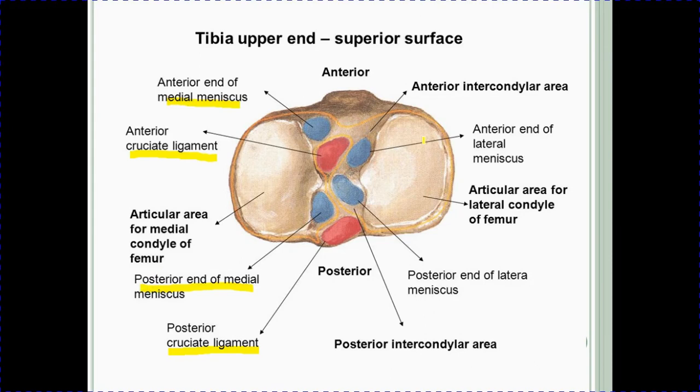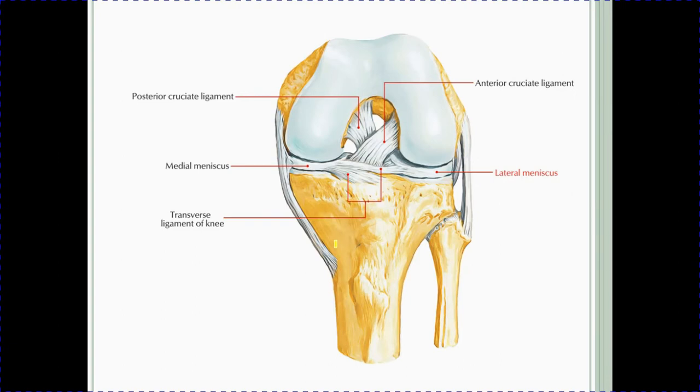Similarly, on the lateral side, there is the attachment of the anterior end of the lateral meniscus and this one is the posterior end of the lateral meniscus. So you can very clearly see the intercondylar area provides a surface for the attachment of the menisci and the cruciate ligaments. You can see in this figure the cruciate ligaments and the menisci, the lateral meniscus and the medial meniscus, attached on the intercondylar areas.